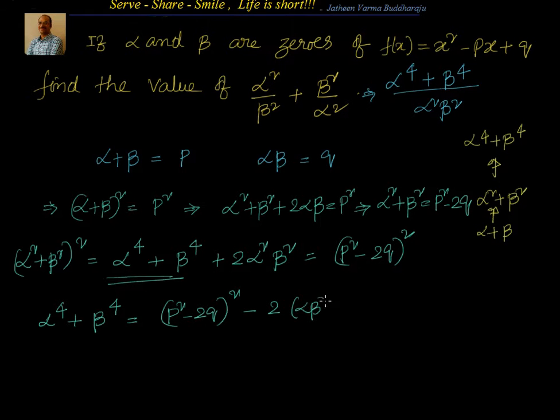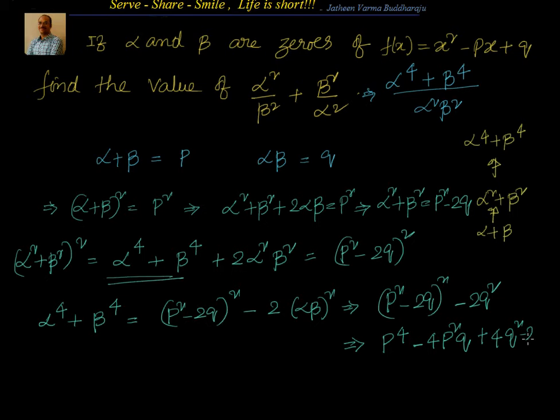Can I say alpha beta whole square, that's nothing but q square? So it equals p square minus 2q whole square minus 2q square. Using a minus b whole square is a square minus 2ab plus b square, that's equal to p power 4 minus 4p square q plus 4q square, and minus 2q square.